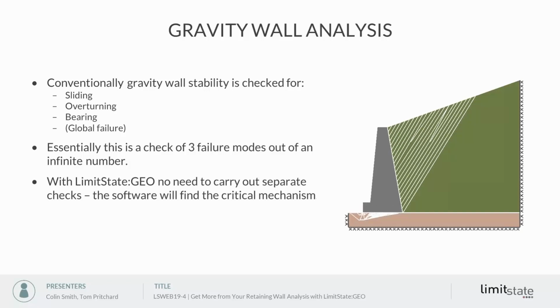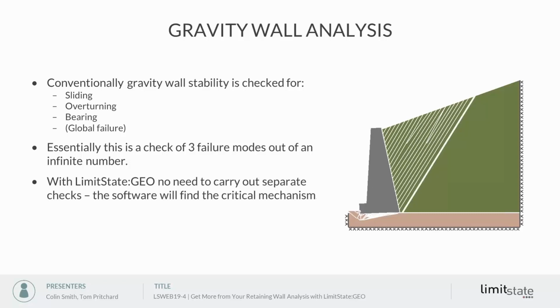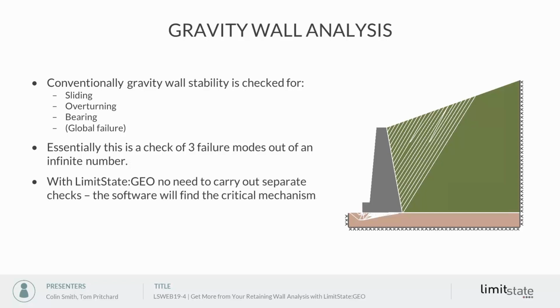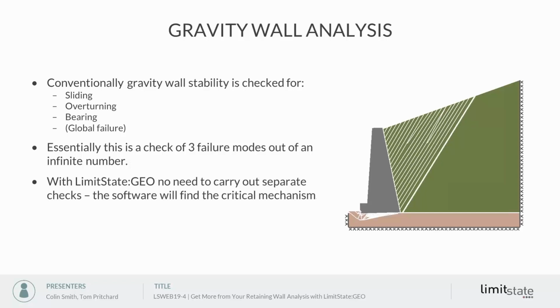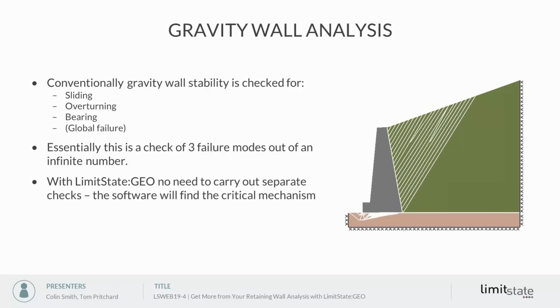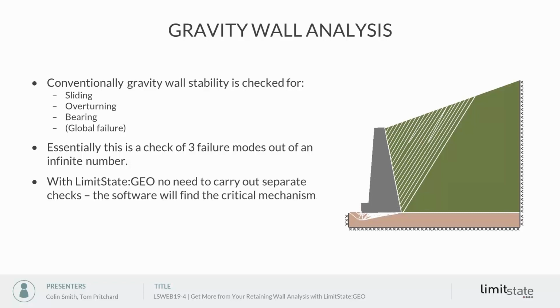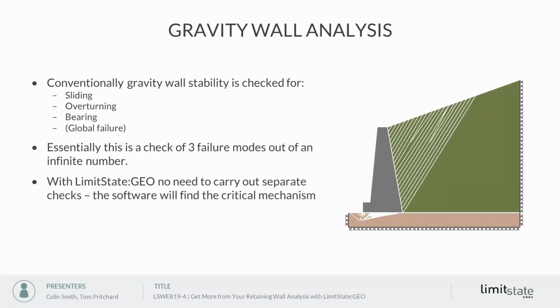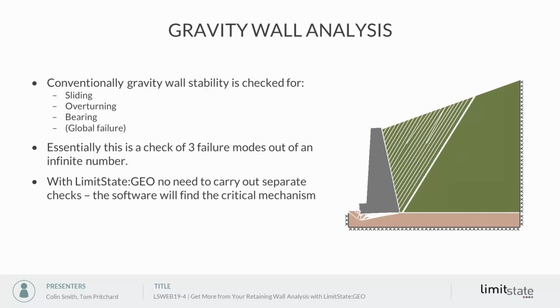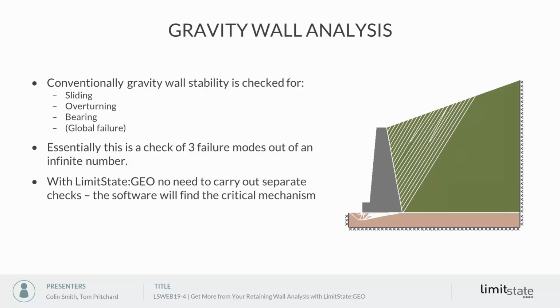So essentially we're checking 3 or 4 failure modes out of essentially an infinite number of possibilities. With LimitState GEO, there's no need to do those separate checks. The software will find the critical mechanism out of all the possible failure modes, which includes those 3 classic ones that are assessed, and it will then give you the margin of safety for that particular result.